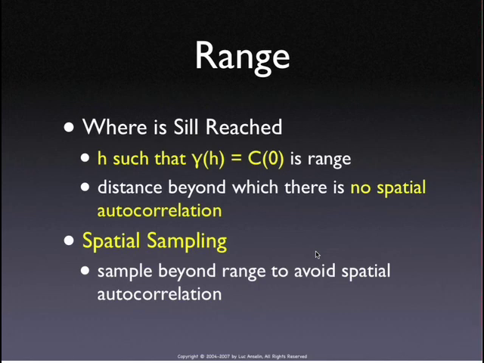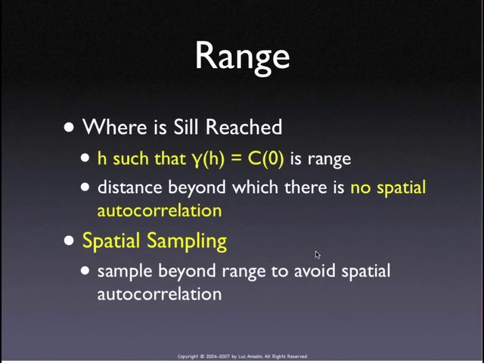That's the range of the process. That's a characteristic of the spatial process. Of course, unless you know this ahead of time, it doesn't help you. Right? So in practice, you can't just say, I'm taking 20 miles. The 20 miles is going to have to come from an estimation process where you use pilot data or a pilot sample to try to get a handle on what the range is, and then you can do your real sample and use that to get locations that are far enough apart.